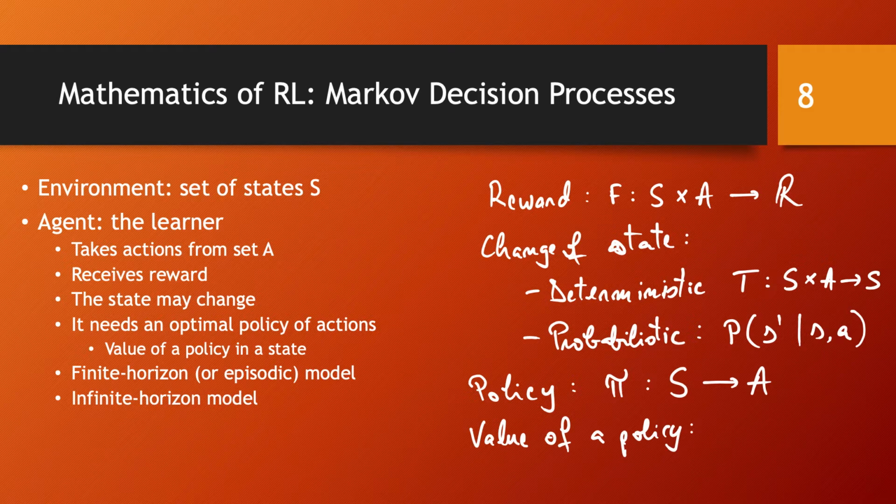So the value of a given policy is denoted by V, and I indicate here the fixed policy pi, and this is a function defined on S and taking value in the real numbers, and is the expected cumulative reward that will be received if you follow strategy pi starting from whichever state you are starting from.